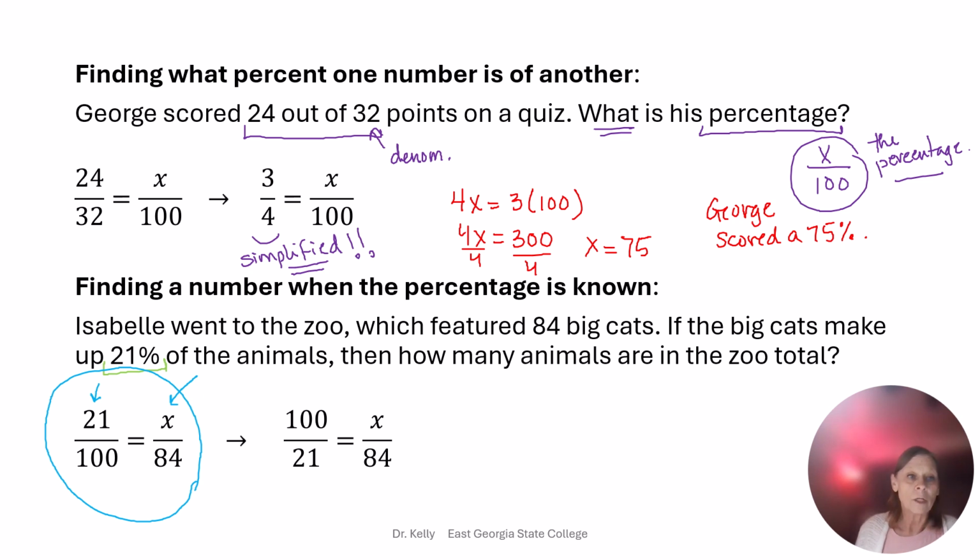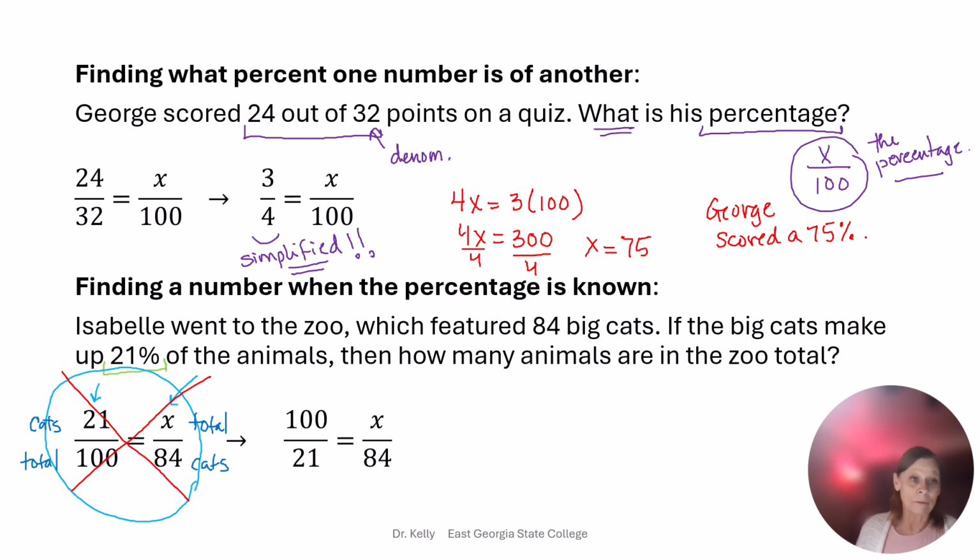So 21 is the cats over the total. And here I wrote this as the total over the cats. So this is wrong, and this is a mistake. I guess maybe I planned on doing it that way, but when I wrote the lecture a day ago, I forgot.